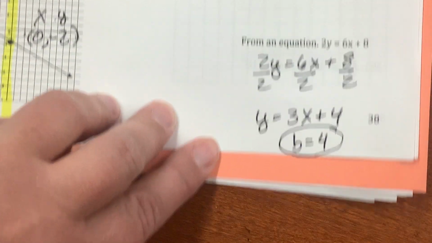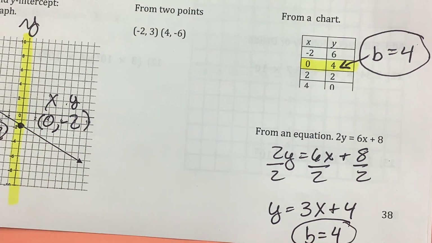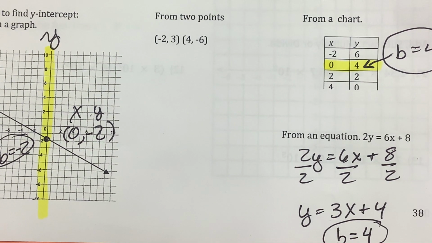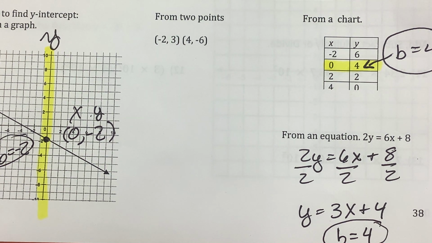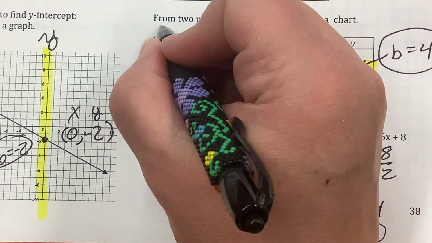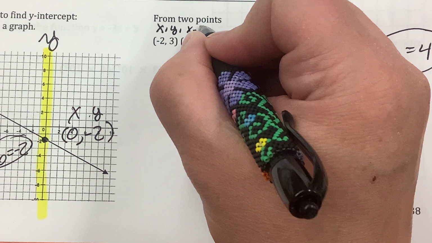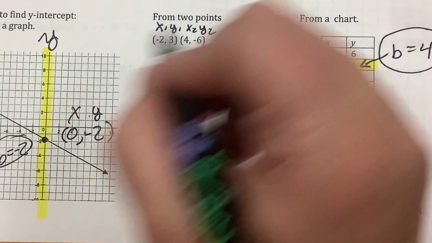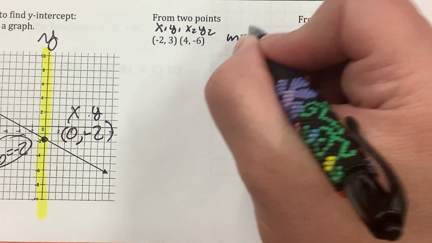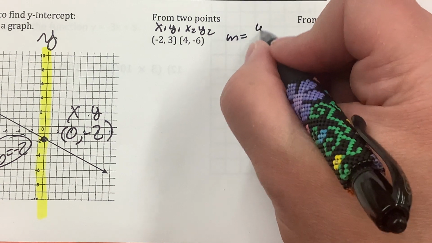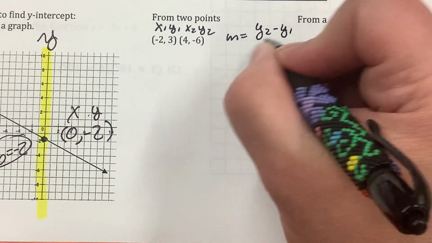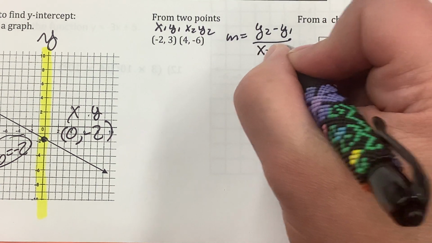All right. And now for 2 points. This is the hard one. This requires all the work. So you start with slope formula. So this is x1, y1, x2, y2. M equals y2 minus y1 over x2 minus x1.